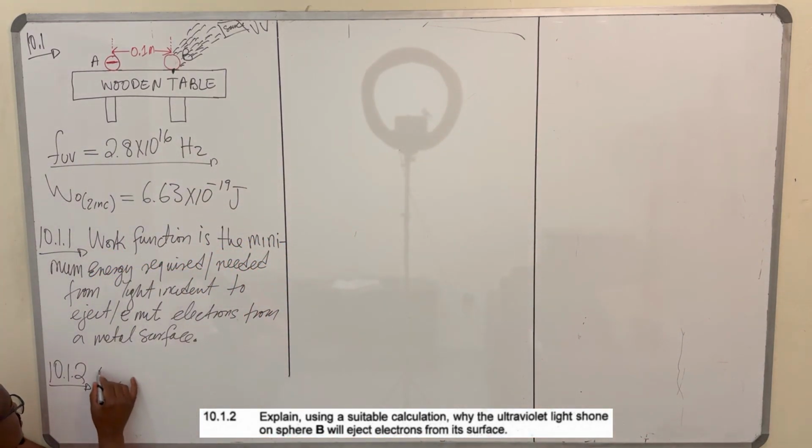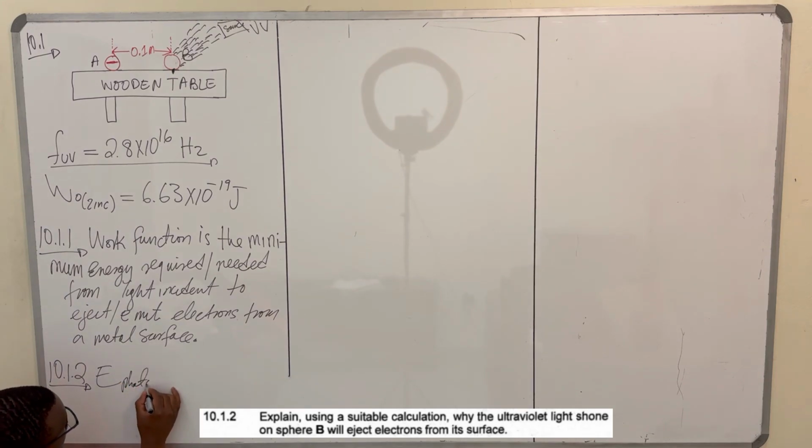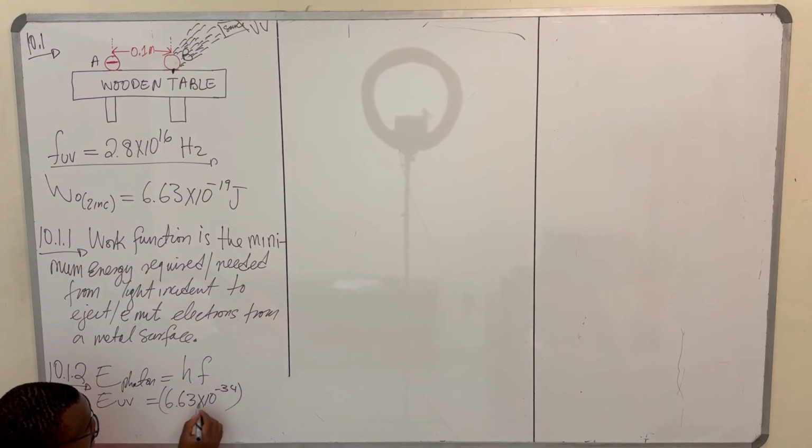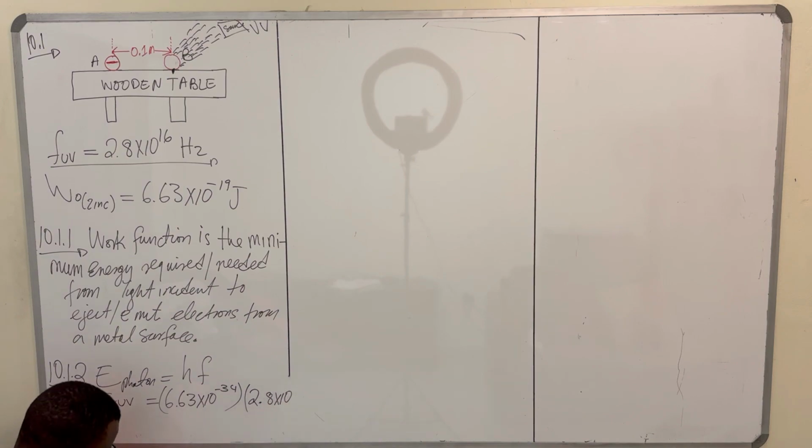So the energy of a photon is equal to Planck's constant times the frequency. So the energy of a UV photon is equal to Planck's constant, which is 6.63 times 10 to the minus 34, times the frequency of the incident light, which is 2.8 times 10 to the 16 hertz.